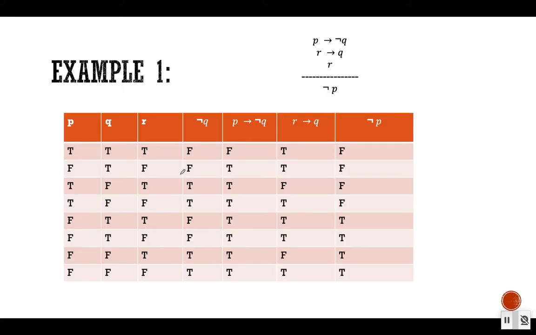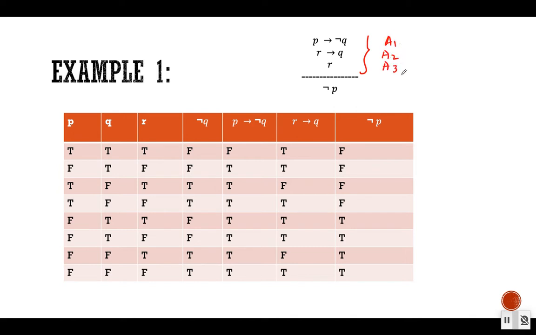So the simple way to find out whether an argument is valid or not is to just use a truth table. The elementary statements we have here are p, q, and r, so we are going to create a truth table using p, q, and r.